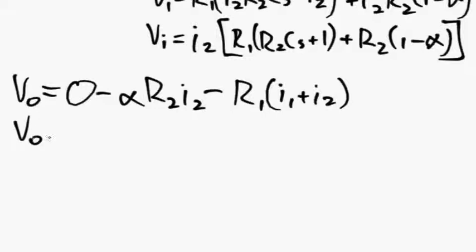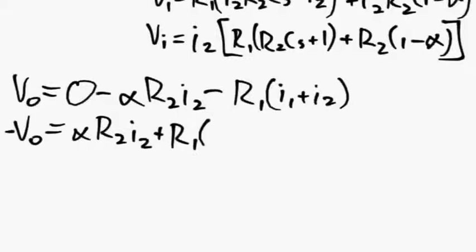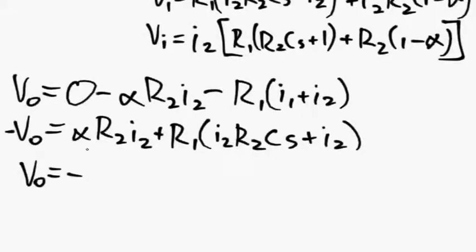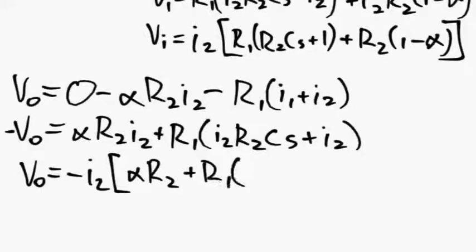We can get rid of I1 the same way we did before, so we say alpha R2 I2 plus R1 times I2 R2CS plus I2. And then grouping all of the I's together and moving that minus sign back to this side, we say minus I2 times this big quantity of alpha R2 plus R1 times R2CS plus 1.